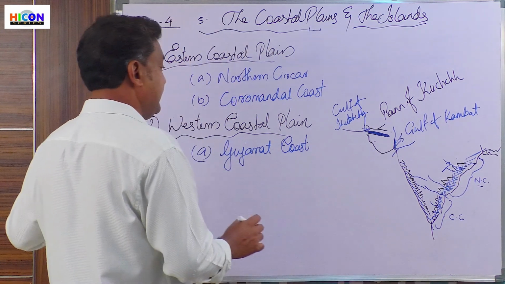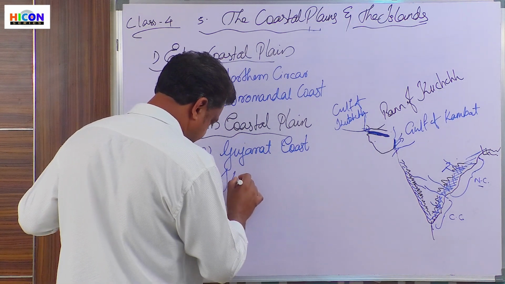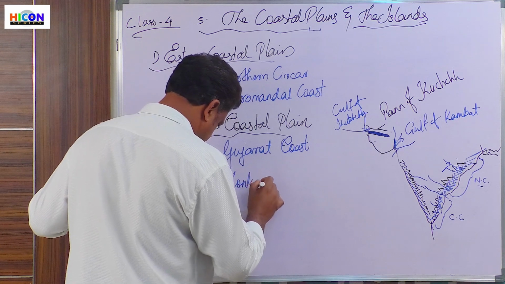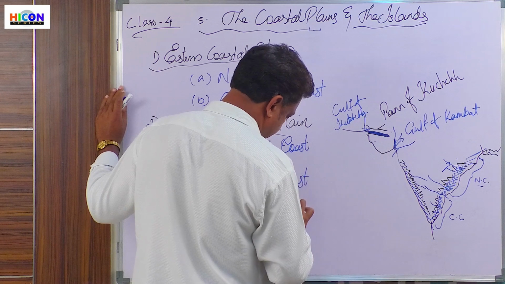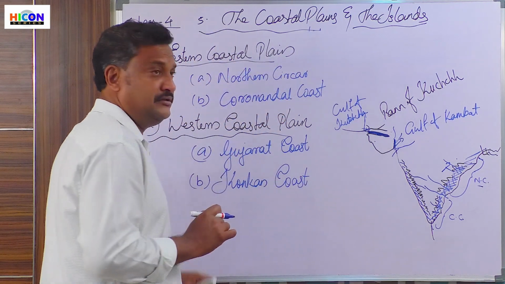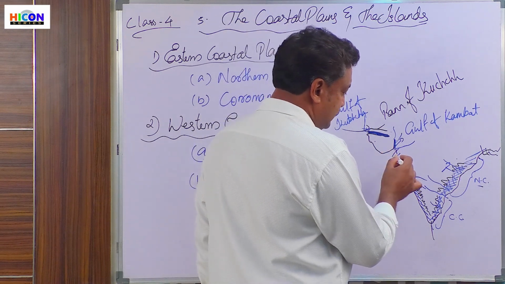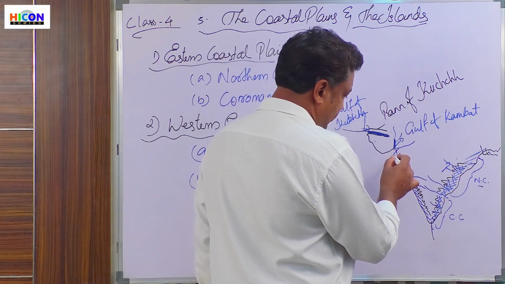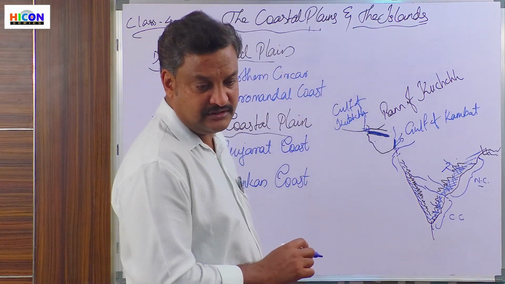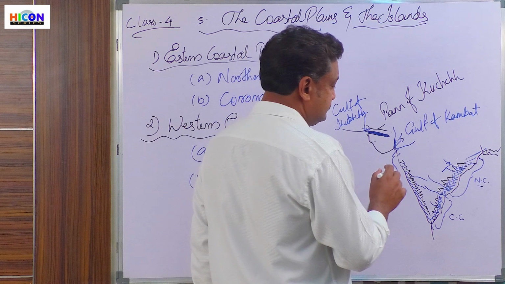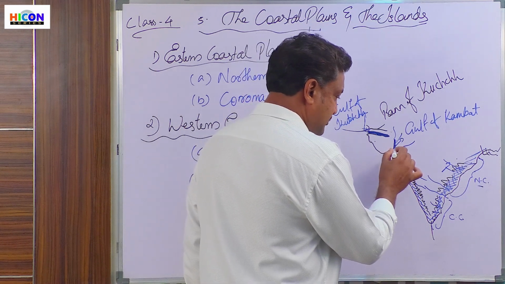The second one is the Konkan coast. So once the Gujarat coast gets over, then the coast of Maharashtra, and some part of Gujarat is also there.